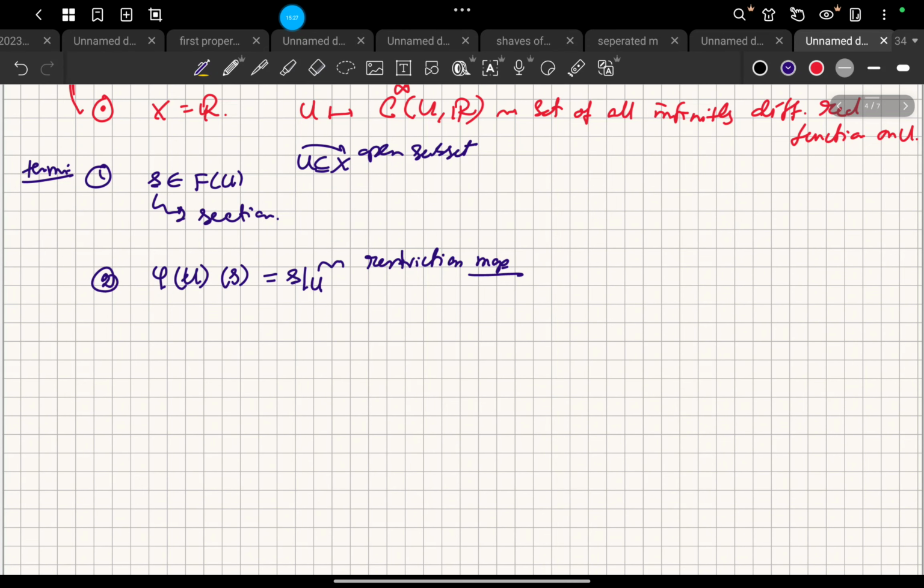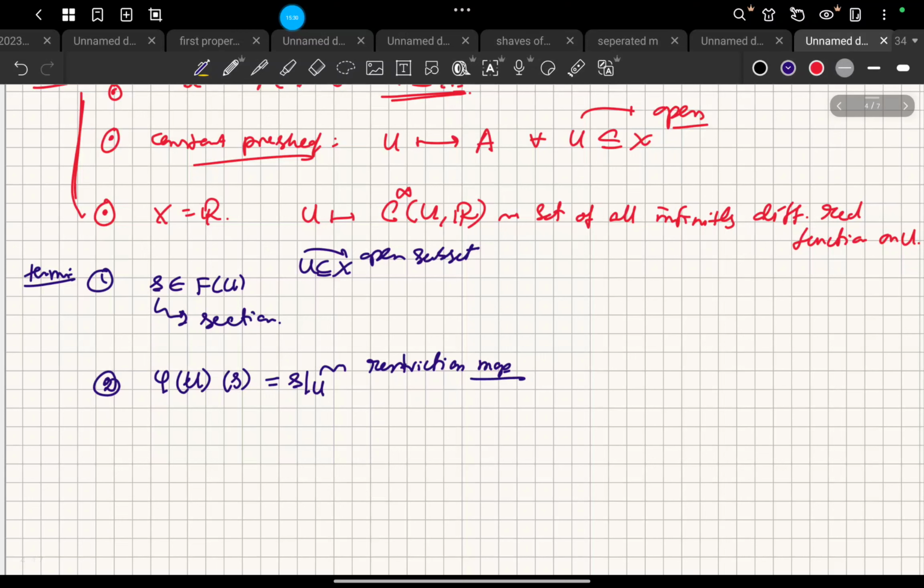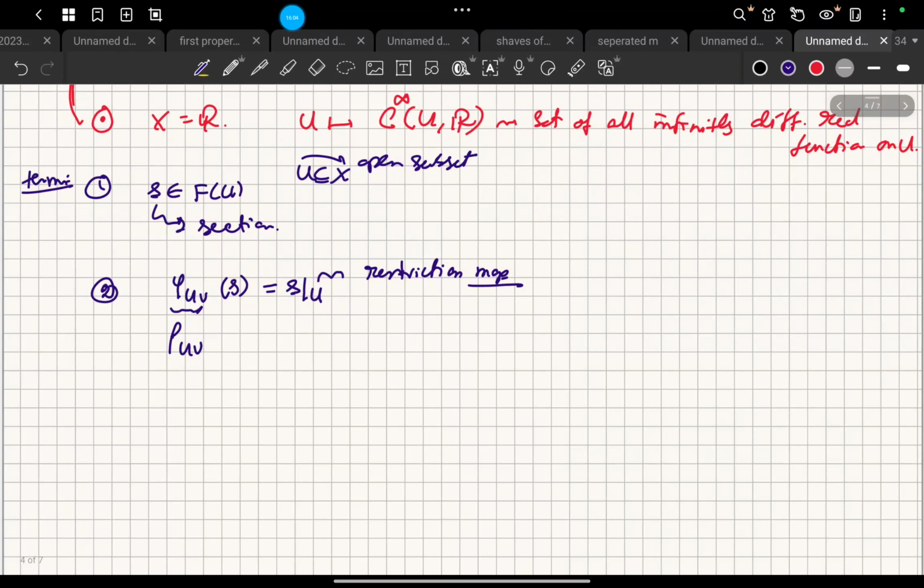Let us write it as phi UV of S. If you see Hartshorne, you'll find that it has been replaced by rho UV. Whatever you write is completely fine. I have written phi UV because we usually denote group homomorphisms with phi. You can use rho UV as well.